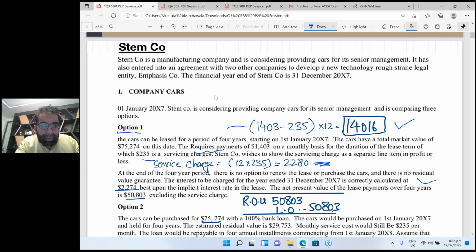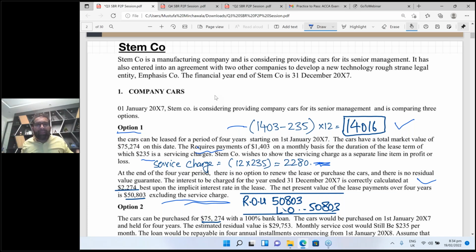Now, based upon implicit interest rate in the lease, the net present value of the lease payment over the 4 years is 50803, excluding the service charge. That means the service charge is a separate thing. Do not include service charge in this deal. Service charge is a routine revenue expenditure, simple entry, expense debit, cash credit. It has nothing to do with the lease. Please keep it away out of this whole scenario.